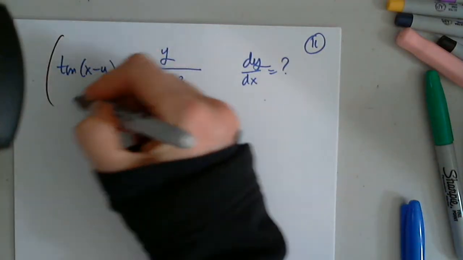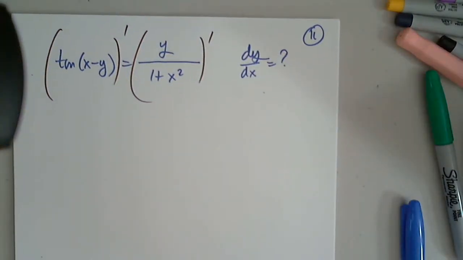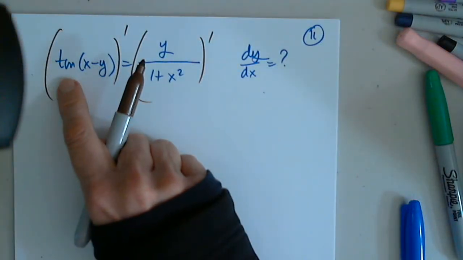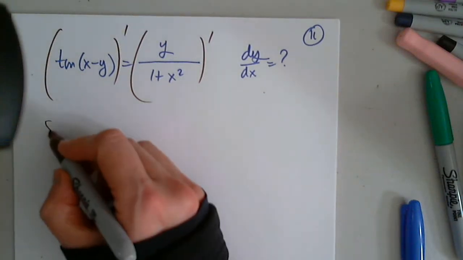So we differentiate. I'm ready. Who would like to start? Tangent prime? Secant squared x. Very good.